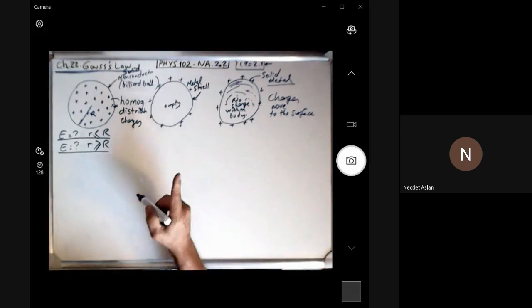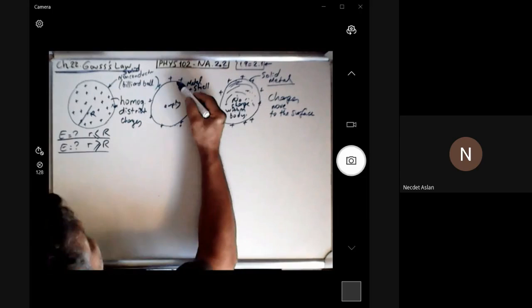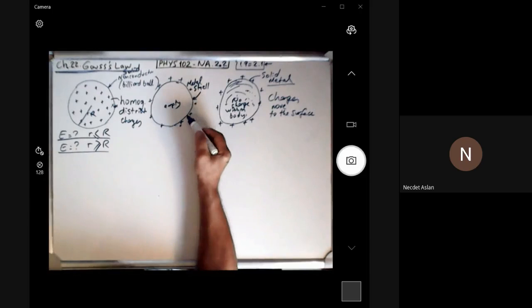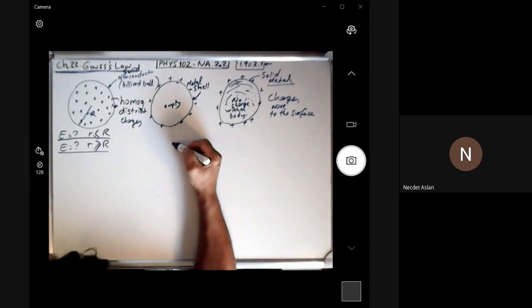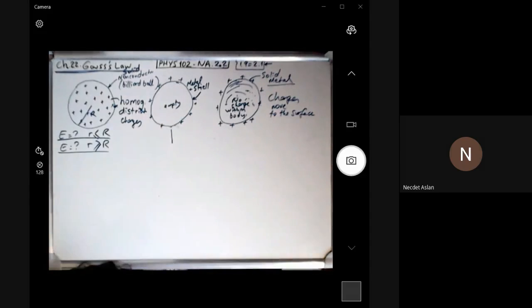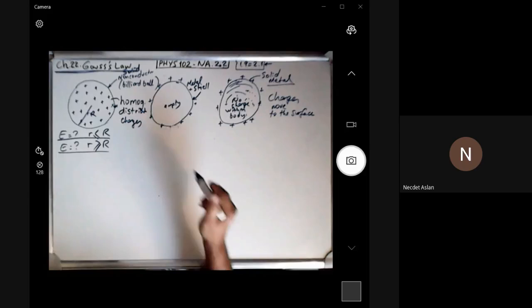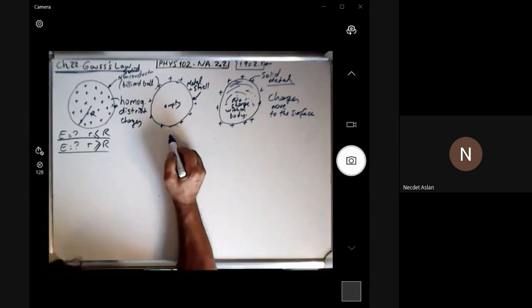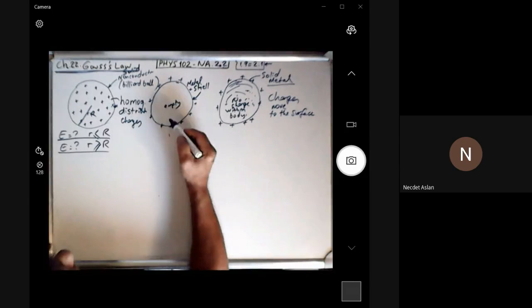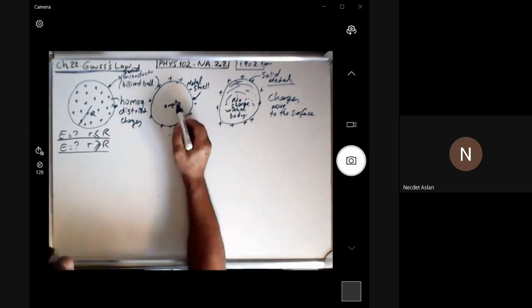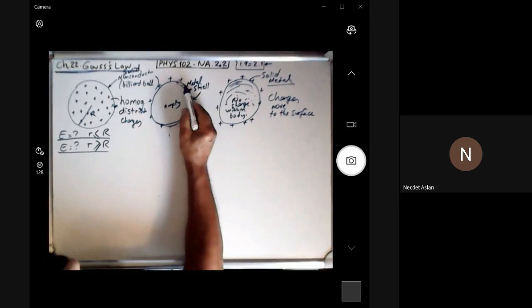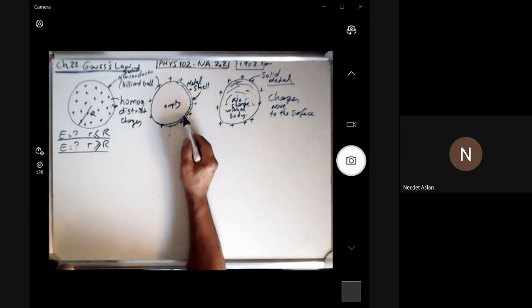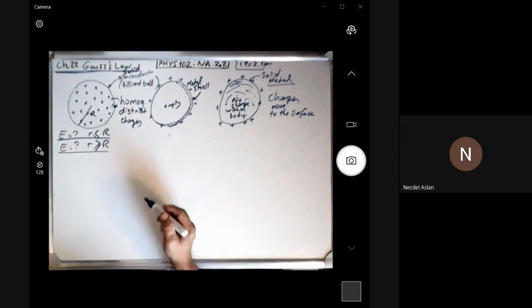But do you know what's actually happening? Although this is a thin metal shell, it has a thickness. Where are these plus charges coming from? Remember that these plus charges came from the rod that we touched over here. In this case, do you know what happened? As soon as this rod touched the surface, at any point, the metal electrons realize that there are some positive charges. Suppose that the thickness is this; although it's thin, it still has a thickness.